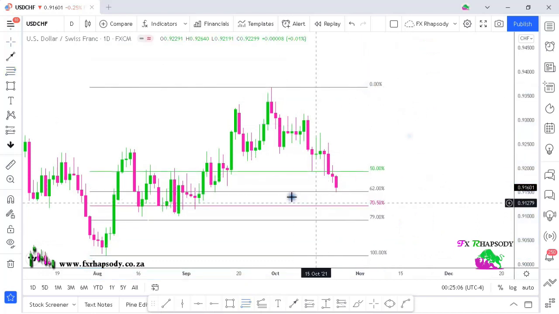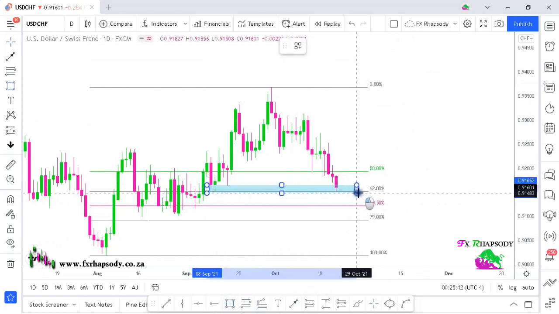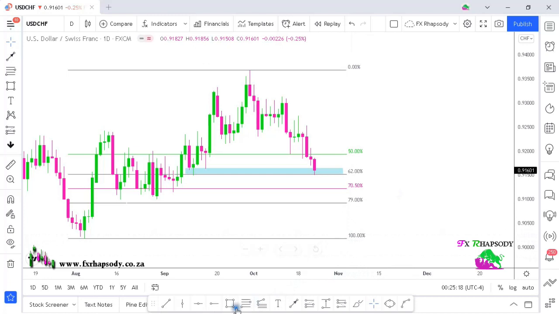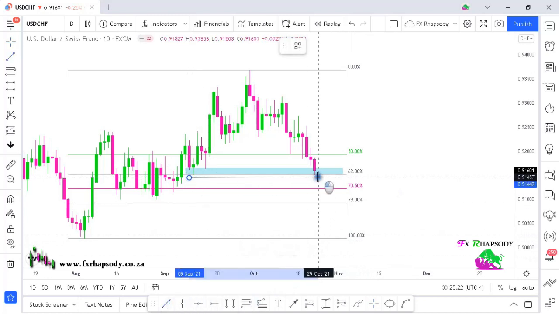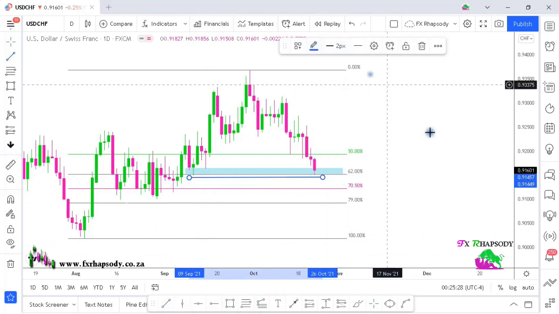You can see this 62% is also falling nicely in this little bit of a support area, if we can say that. There's still a little bit of liquidity lying below here. Price is not tapping that yet. Let's just mark that out, right there.